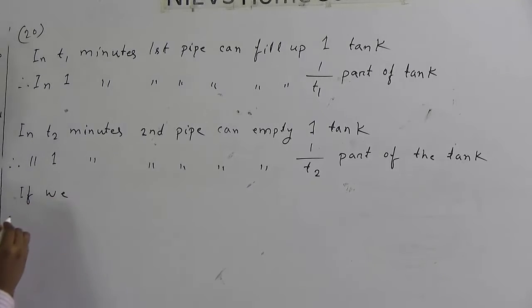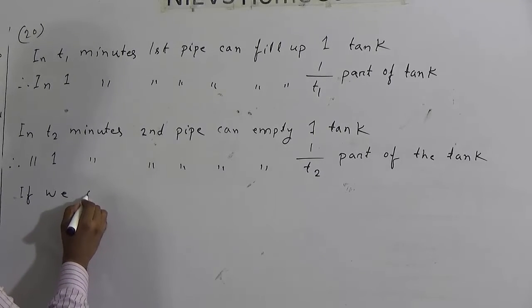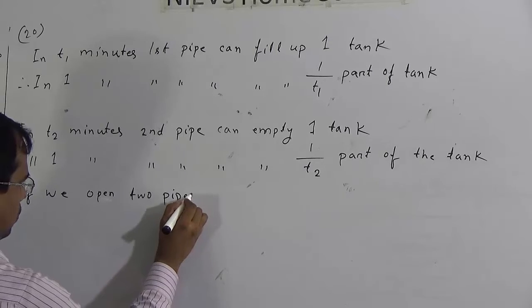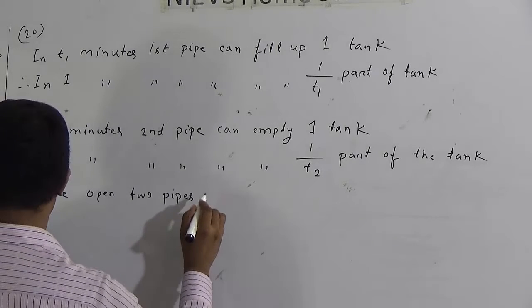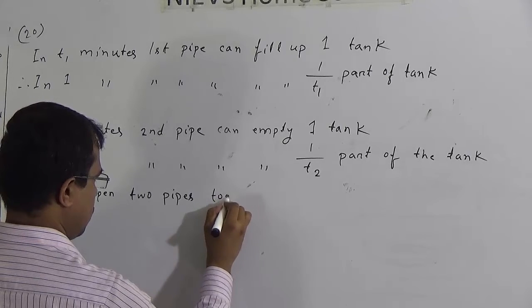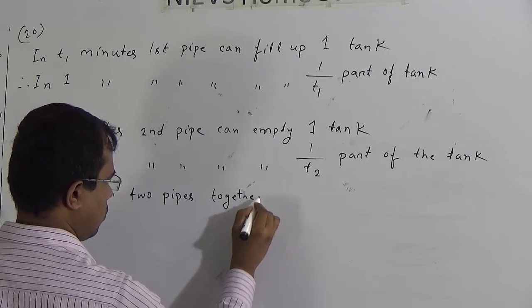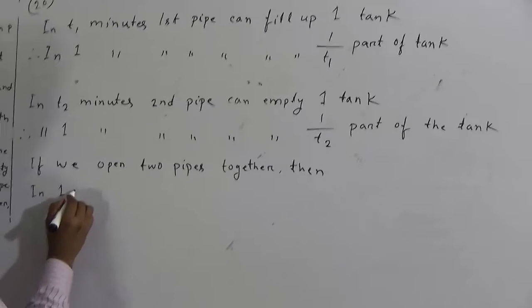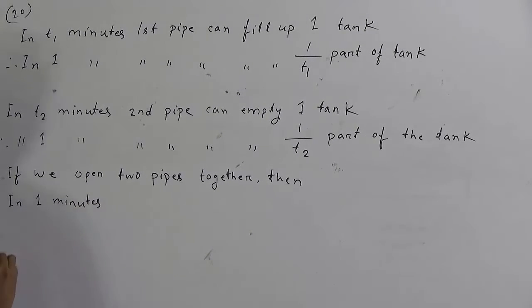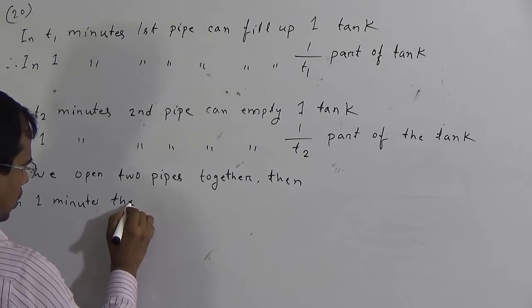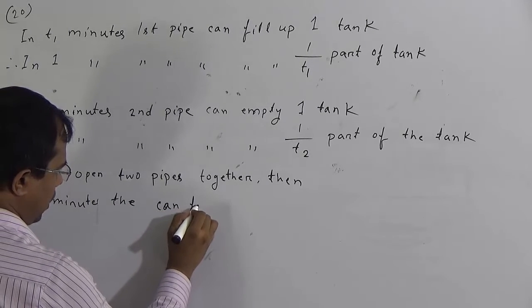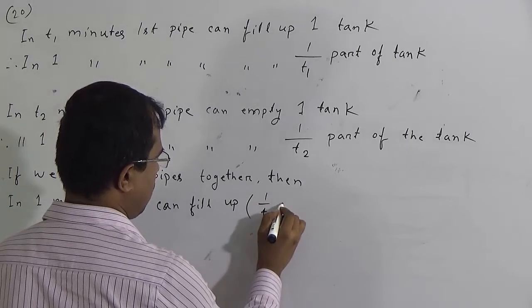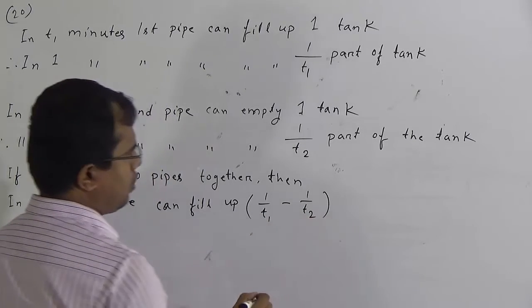If we open two pipes together, then in 1 minute, they can fill up 1 by T1 part minus 1 by T2 part of the tank.